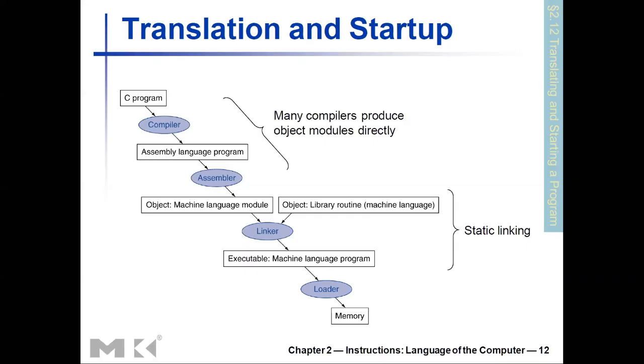It is like appending that to our machine language module, linking those two things together in a static manner, and you produce the executable machine language program, the full program that is ready to be executed by the processor.